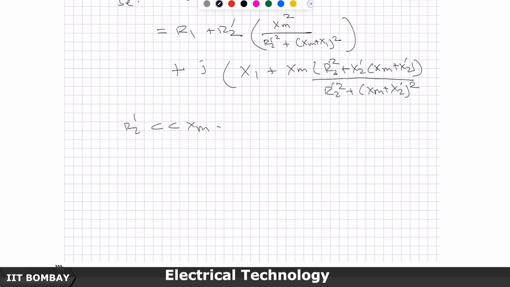This is further multiplied by X2 dash, so long as that is greater than 1, you get an even bigger number. So, ZBL will turn out to be R1 plus R2 dash Xm square divided by (X2 dash plus Xm) whole square.